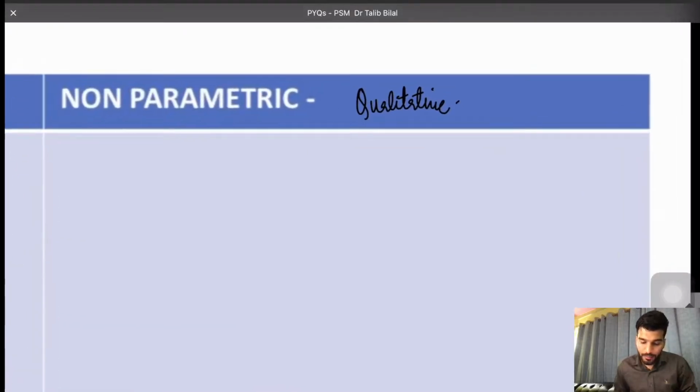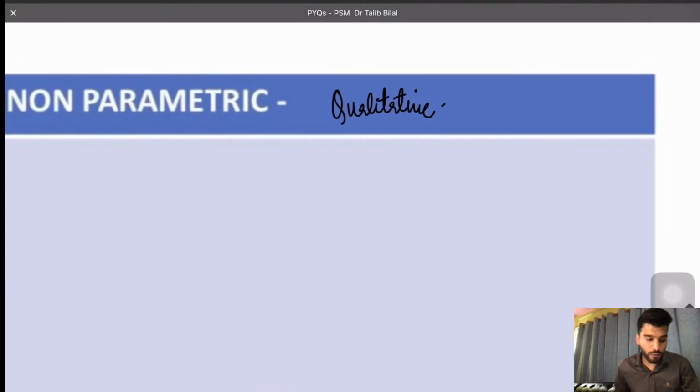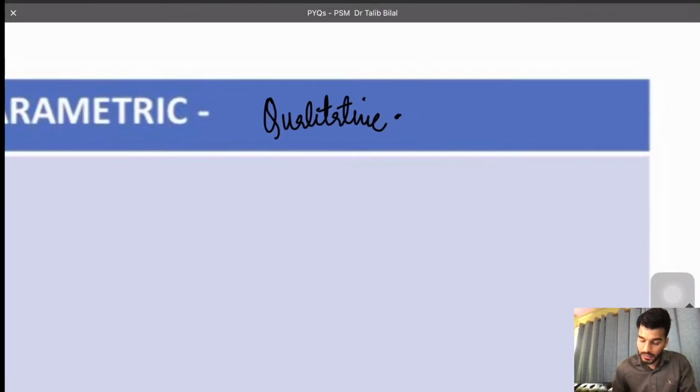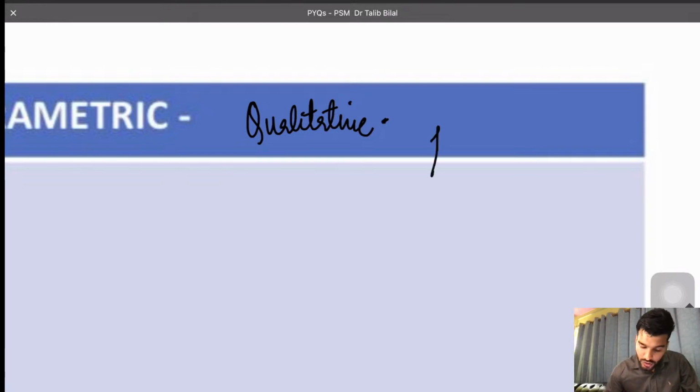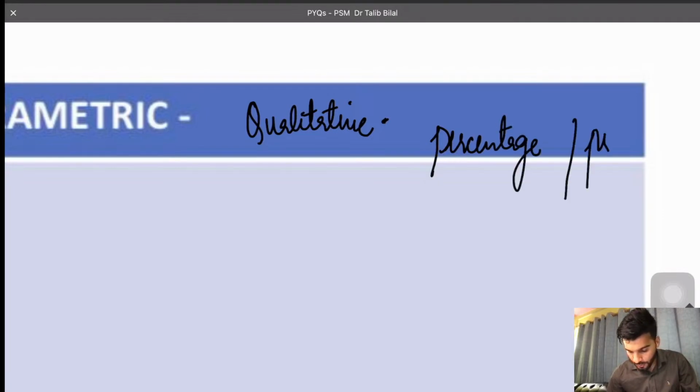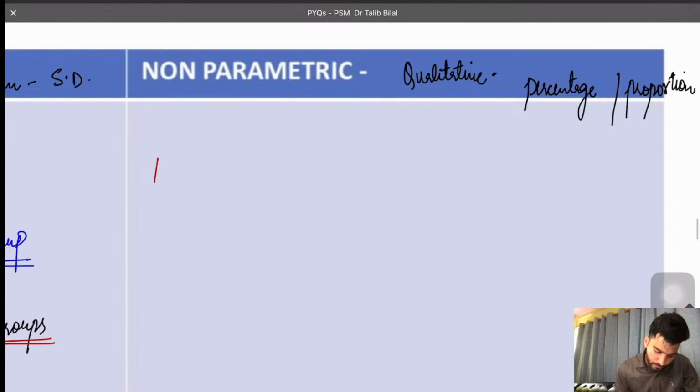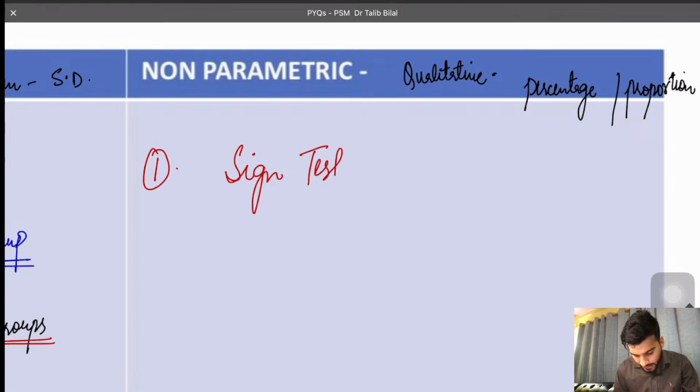Now non-parametric tests are for data that cannot be measured, for example, the type of anemia you have. In such questions, the examiner will mention that percentage or proportion should be calculated. For such data, if it's one paired group, your answer will be sign test.